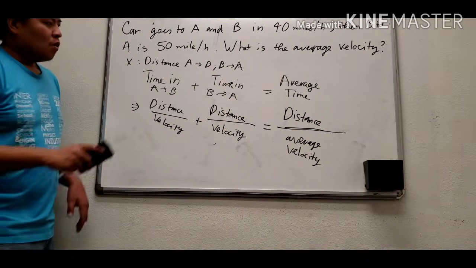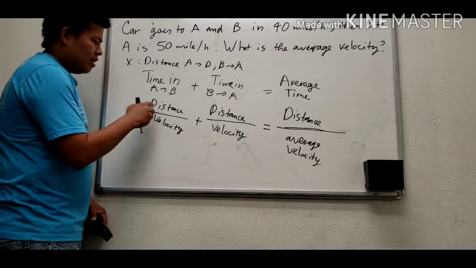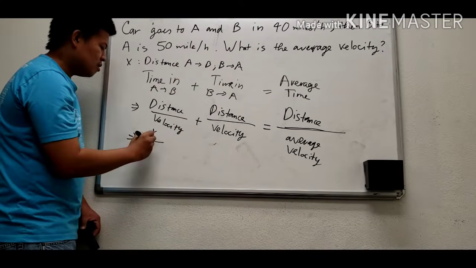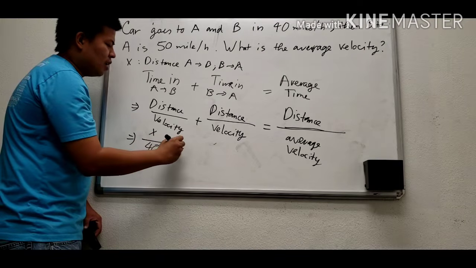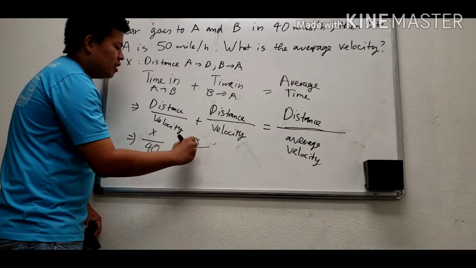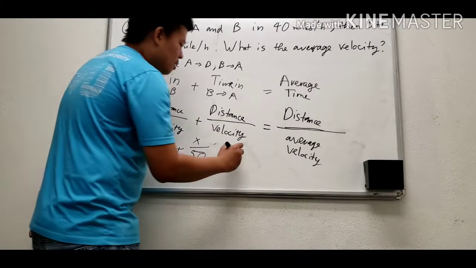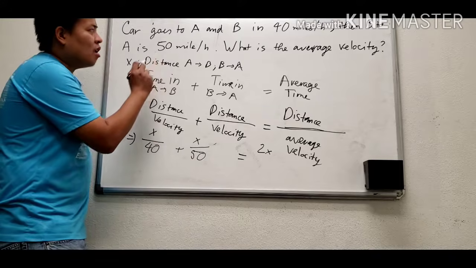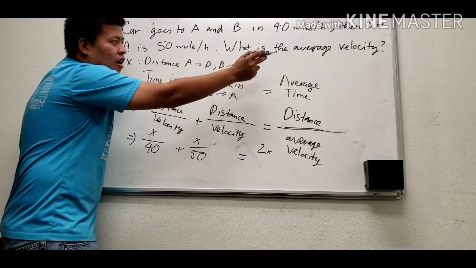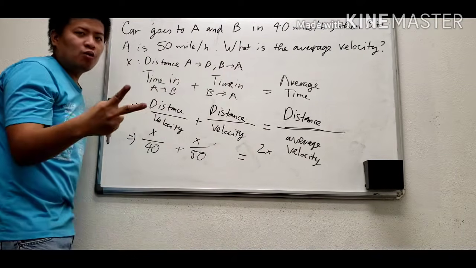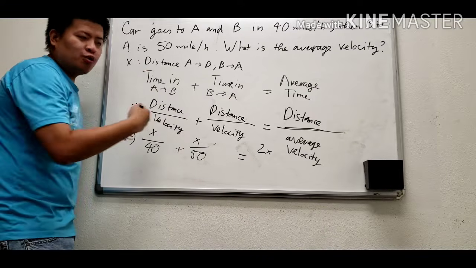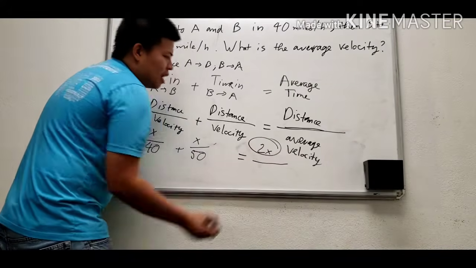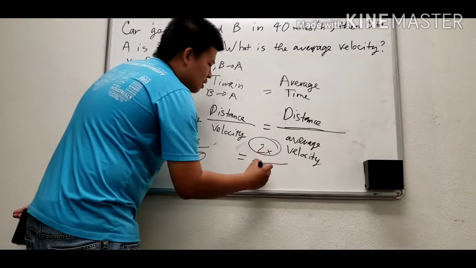Here, the times are S divided by 40 and S divided by 50. The total distance is 2S, because the car goes from A to B, then goes back from B to A. So we have 2S, and then we divide by the average velocity.